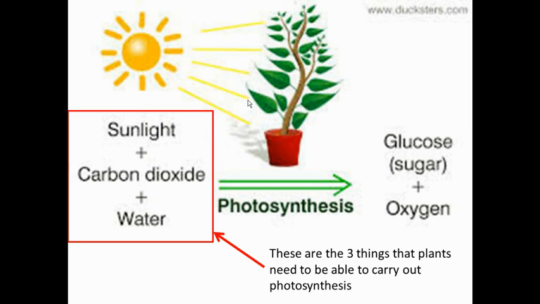And the water: if you water a plant, you water the soil, because the roots are under the soil, so the water enters the plant via the roots. So sunlight and carbon dioxide enter the plant through the leaves, and the water enters the plant through the roots.